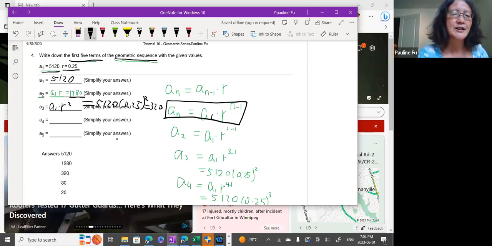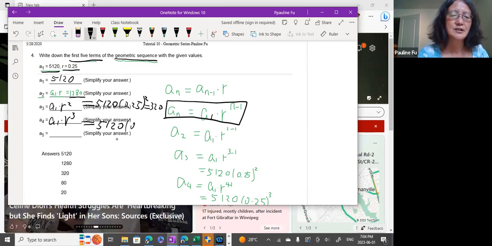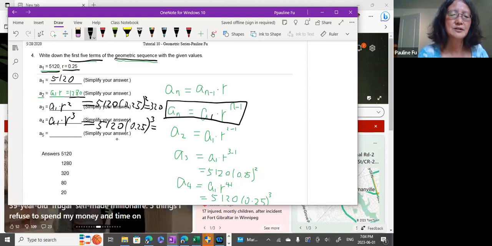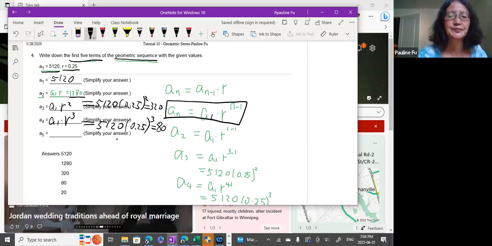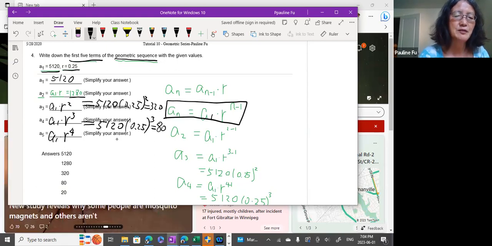Okay, next calculate A4. A4 equal to A1 times R raised to power 3. A1 is 5120, R 0.25 raised to power 3. To calculate this one is 80. And again, A5 equal to A1 times R raised to power 4.